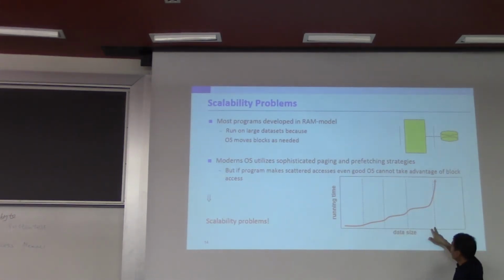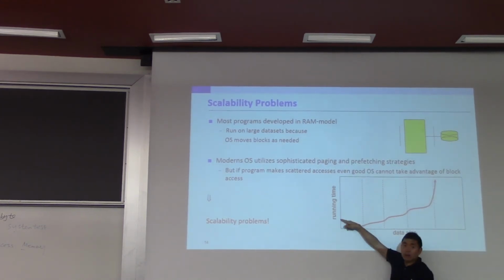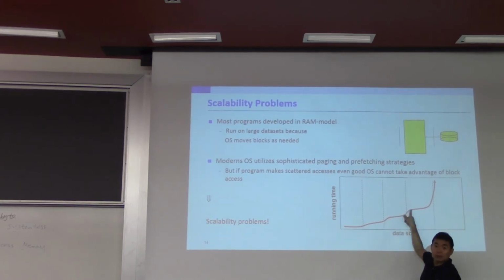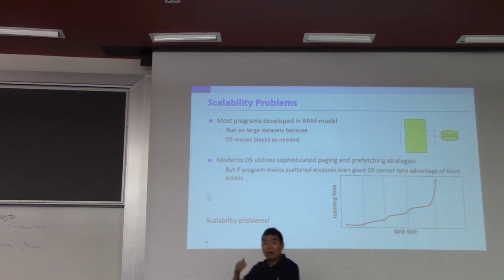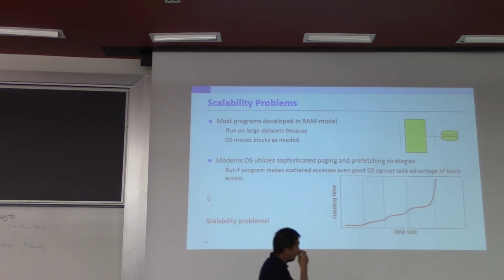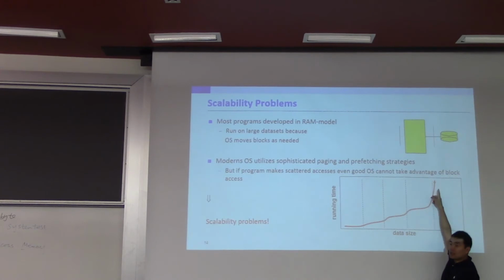So as the amount of data you're trying to access increases, the cumulative amount of time is roughly a linear curve. The angle of the curve is the speed of accessing that unit of data. However, at a certain point, you see a sudden jump in the cost of accessing those data.